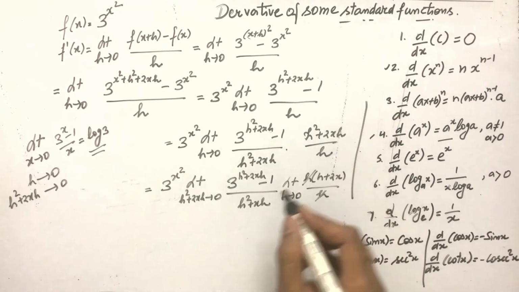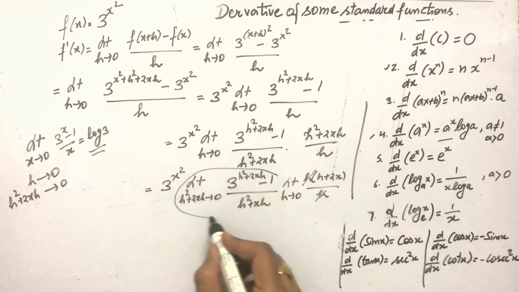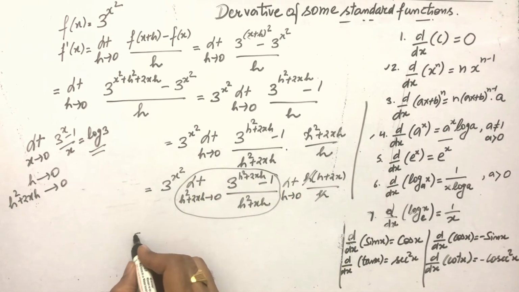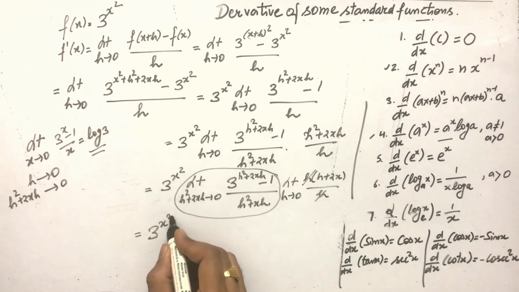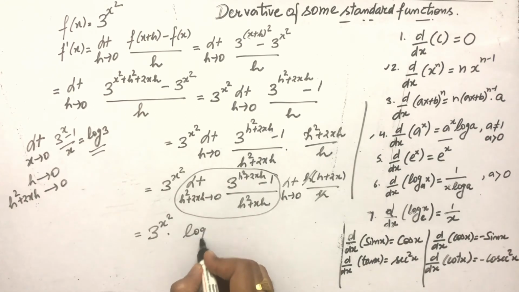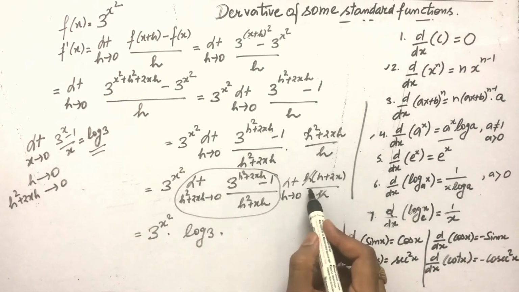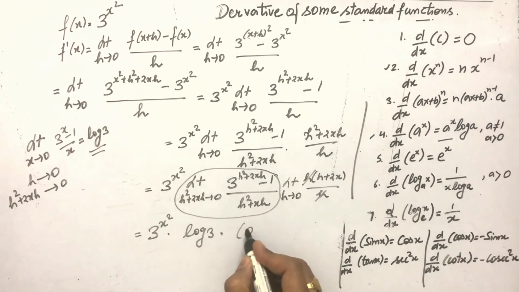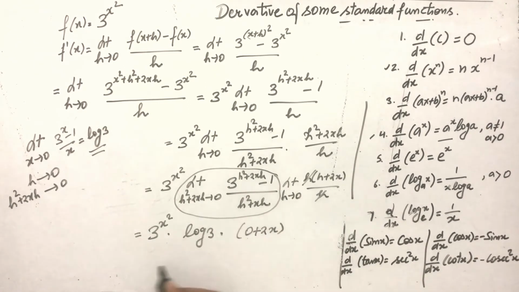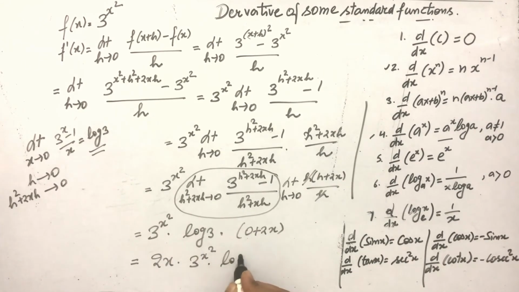And this h cancels. And how much is this? Log of 3. 3 power x square into log of 3, and when we put h 0 here, this is 0 plus 2x. And the final answer is 2x, 3 power x square, log of 3. Answer.